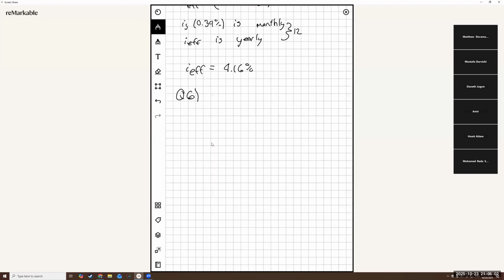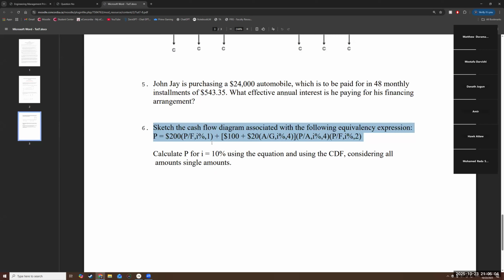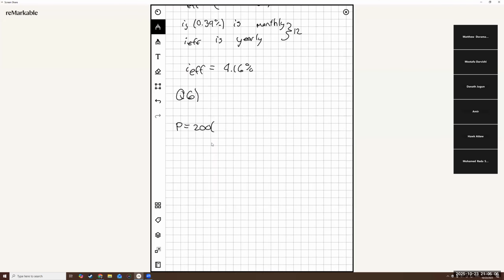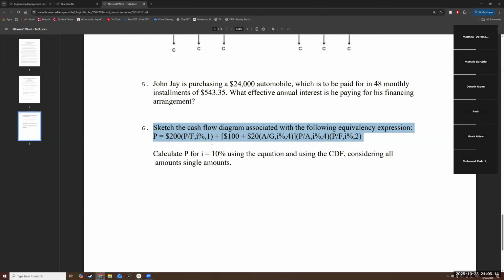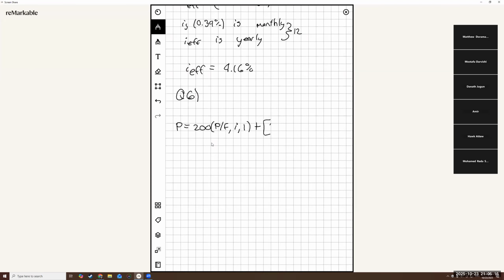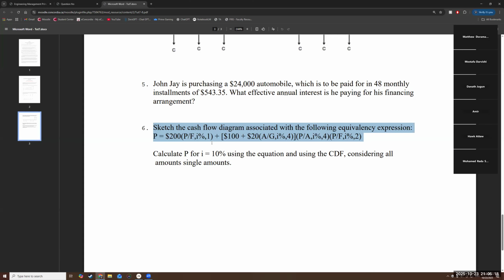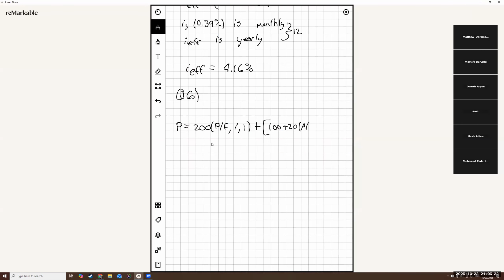I have this expression. The present value is equal to 200 P/F, the interest rate, i, 1, plus 100 plus 20 A/G, i, 4.